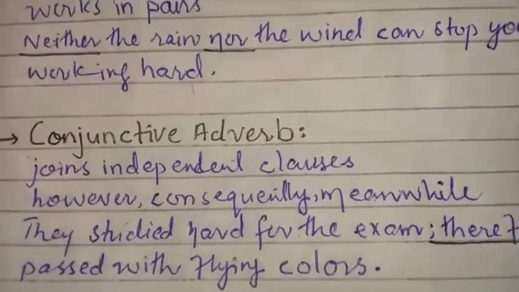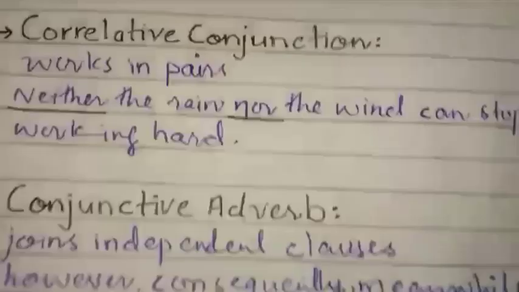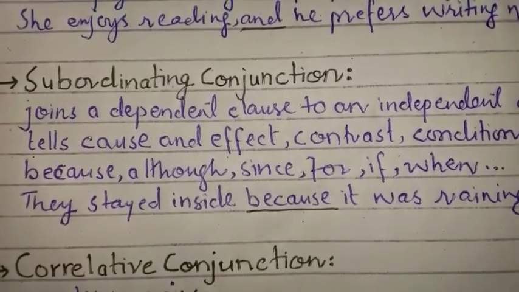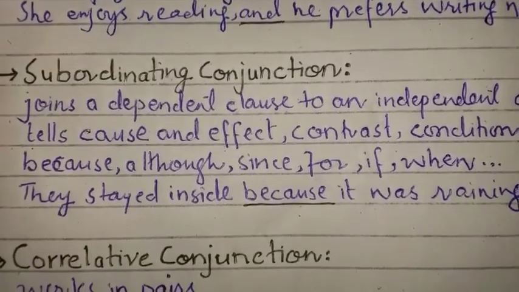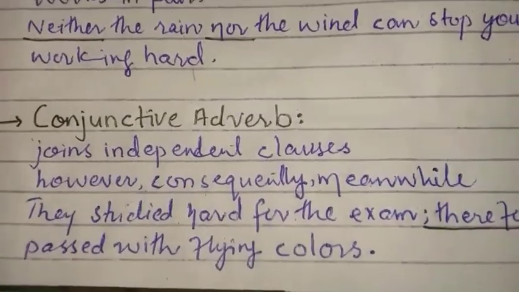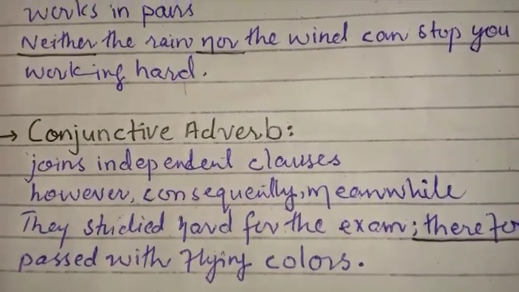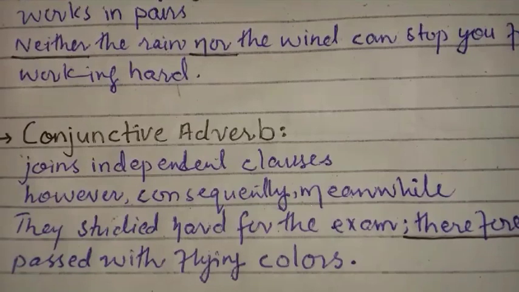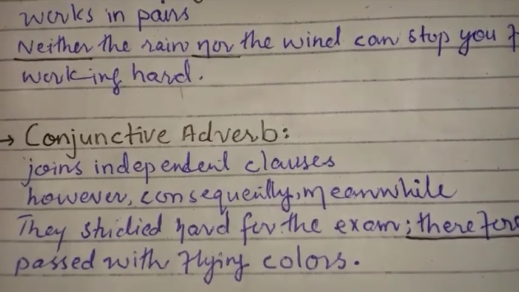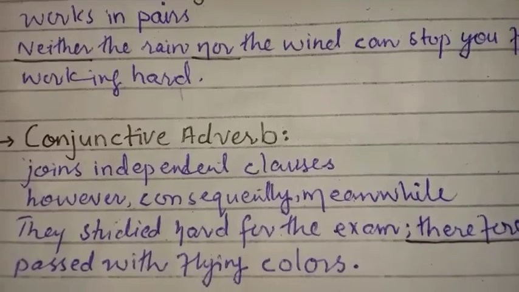So what is the difference between them? The difference is that in a subordinate conjunction we have to use a single dependent clause and a single independent clause. If we use a conjunctive adverb, then we do not use a dependent clause; we have to use two independent clauses.